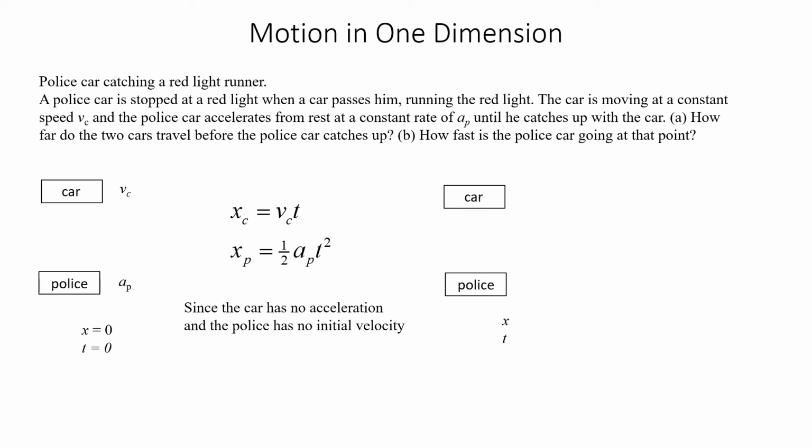Now, what's the next thing we do? Well, when the police catches up with the car, they'll both be at the same position at the same time, so we just set these two equations equal to each other. The position of the car and the position of the police car will be the same, so we have v sub c t equals 1/2 a sub p t squared.